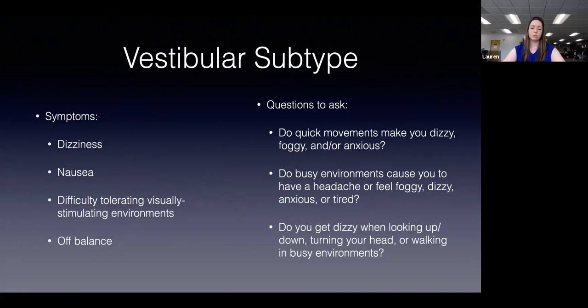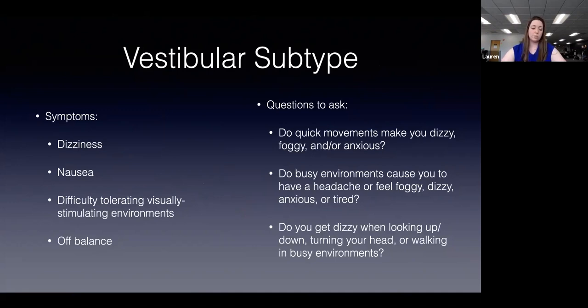Going into vestibular, for these individuals, symptoms are going to be that dizziness, nausea, symptom-induced with any like visually stimulating environments, feeling off balance. They might say they feel like one step behind.